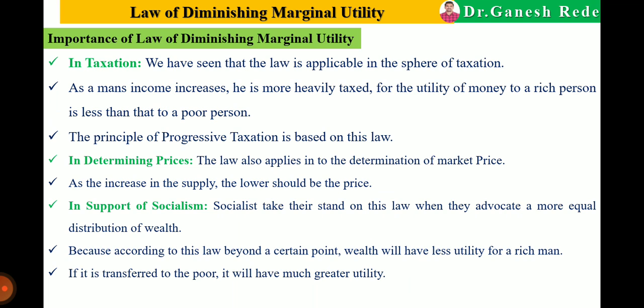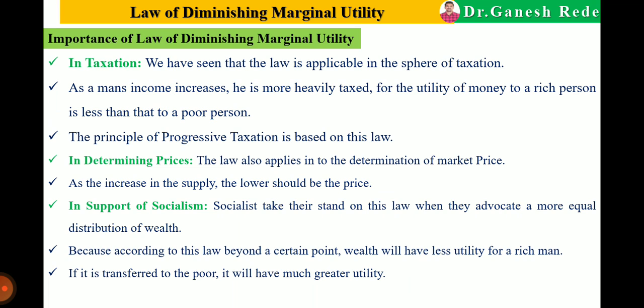Now we have to know about the importance of the law of diminishing marginal utility. So what is the importance of this law? This law has great importance in taxation. The government imposes taxes, and in that taxation this law has great importance.